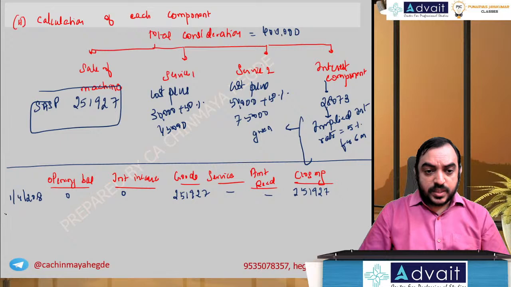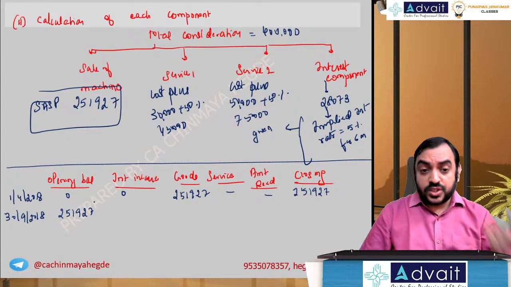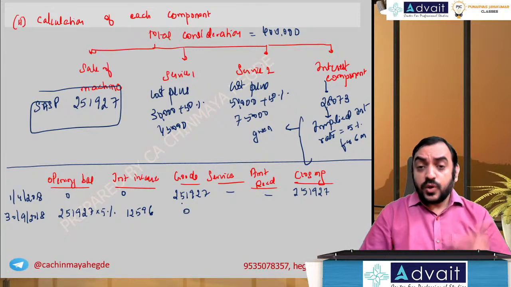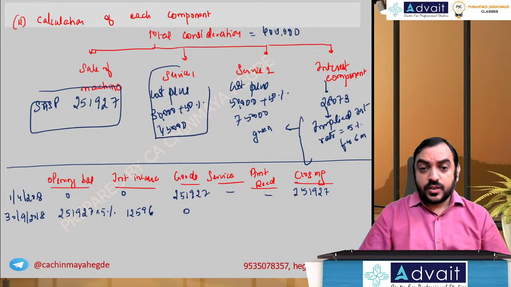Then next, 30th September. Opening balance 2,51,927. On this you are going to charge interest income at 5%. 2,51,927 into 5% is 12,596. Any goods sold? No. Service sold? Yes, on 30th of September, service 1 is sold, 45,000.